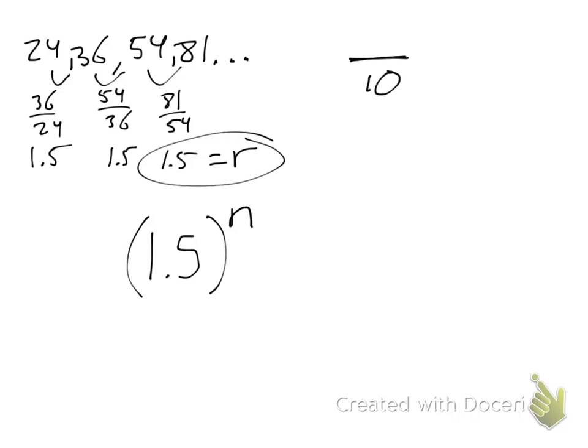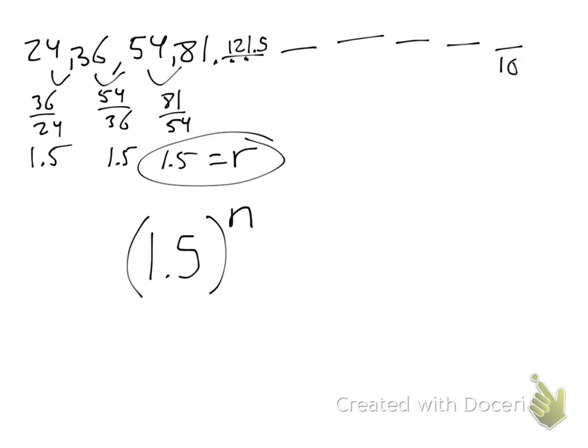Yes. Well, let's see. 1, 2, 3, 4. What would be next? 5, 6, 7, 8, 9, 10. That's 10 way over here. So 10's over there. I'll erase this one. What's next? 81 times 1.5. 121.5.